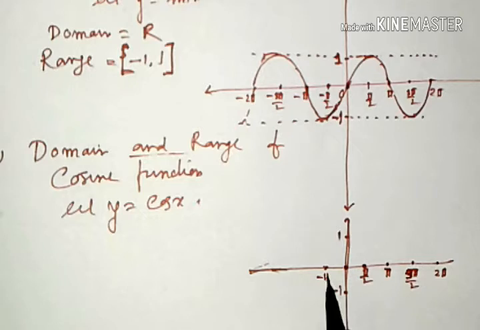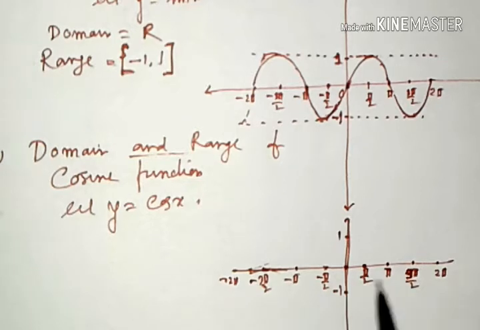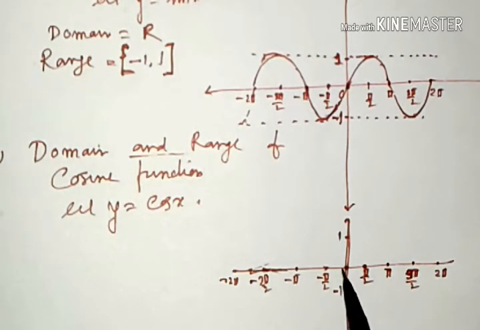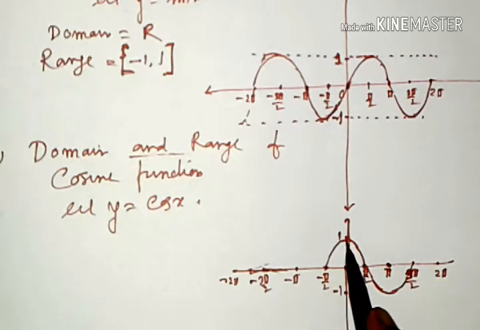In the negative side, minus pi by 2, minus pi, minus 3 pi by 2, and minus twice pi. Here the graph at 0 is maximum, and this is 1, this is minus 1.